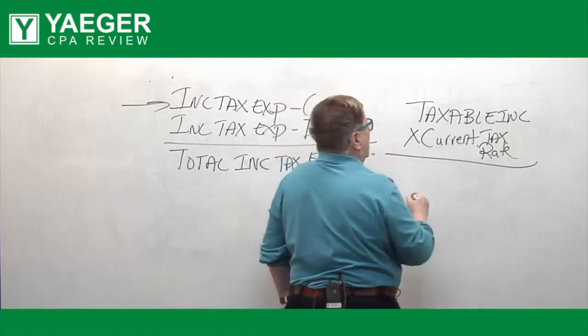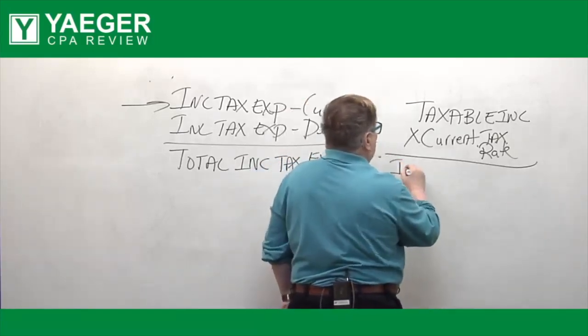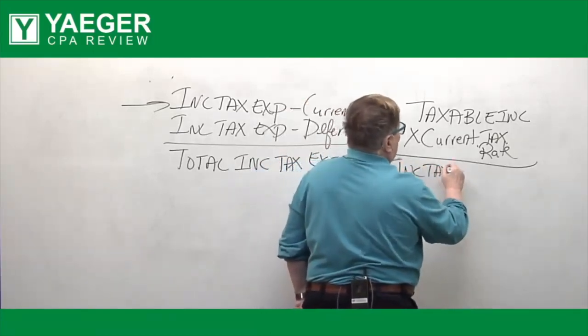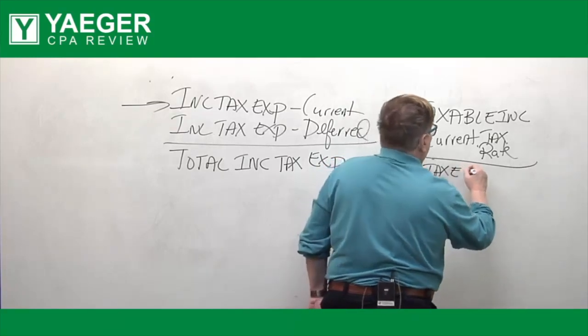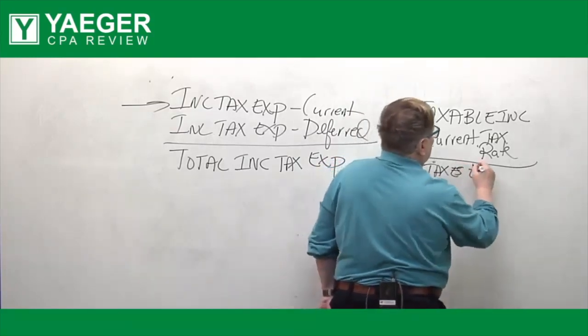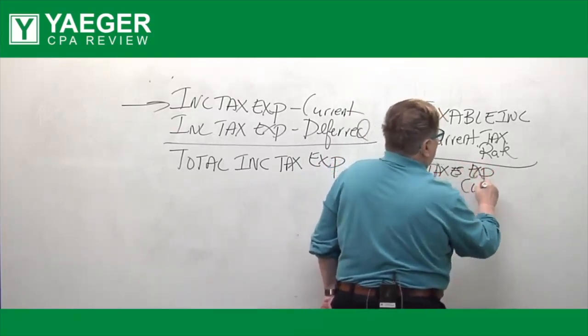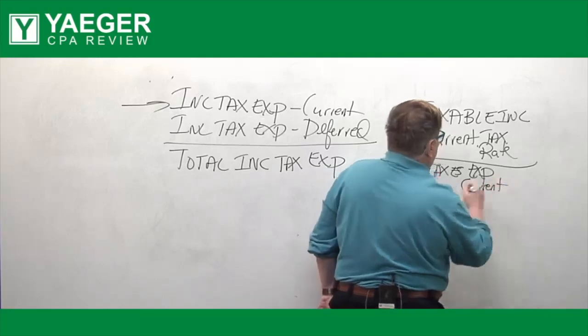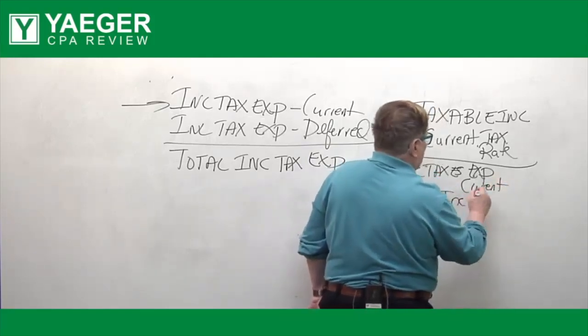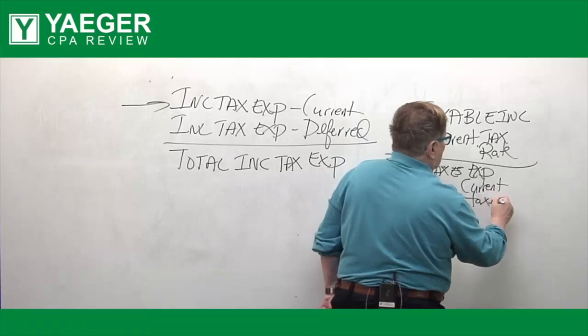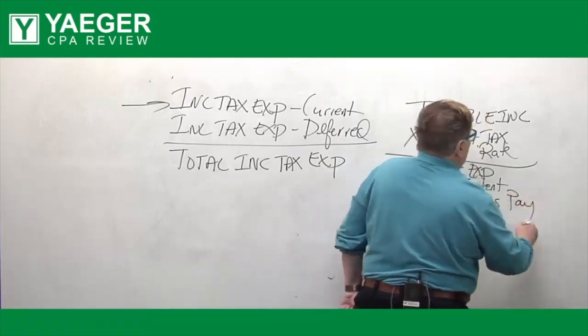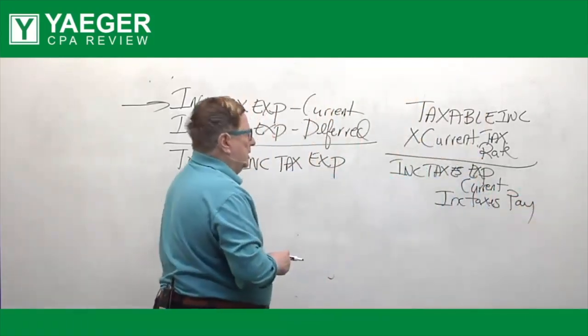And that will give you a debit to income tax expense current and a credit to income taxes payable. Now, the thing you have to remember is this.